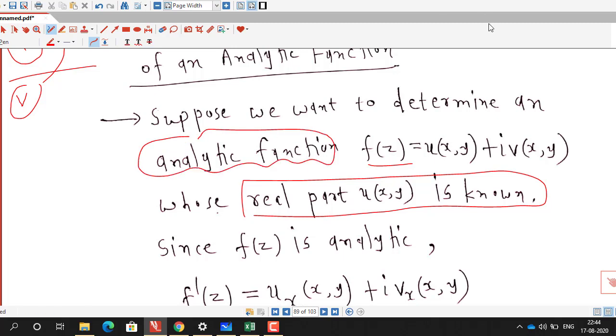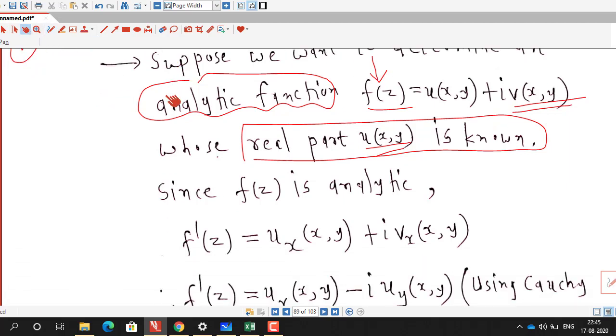If we use the idea of the previous lecture, then we can find the harmonic conjugate of u, and then we can write the analytic function f(z) = u + iv. But this is a shortcut method. Without finding the harmonic conjugate of u, we will be able to write down the analytic function. This is the shortcut given by Milne and Thomson. So we understand the idea of the method.